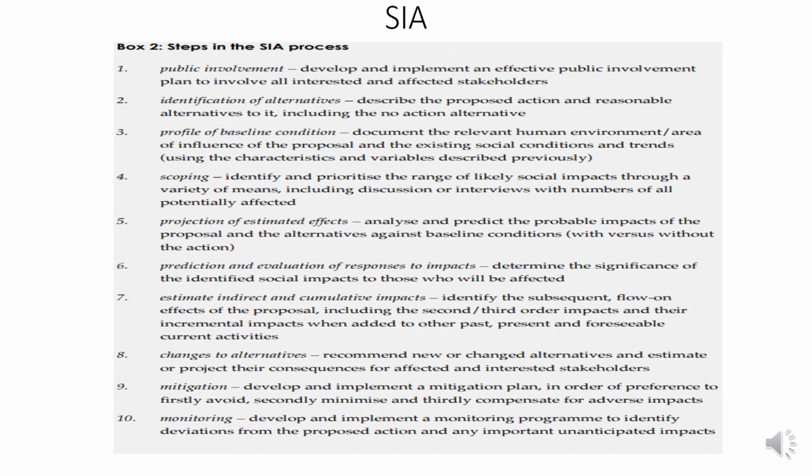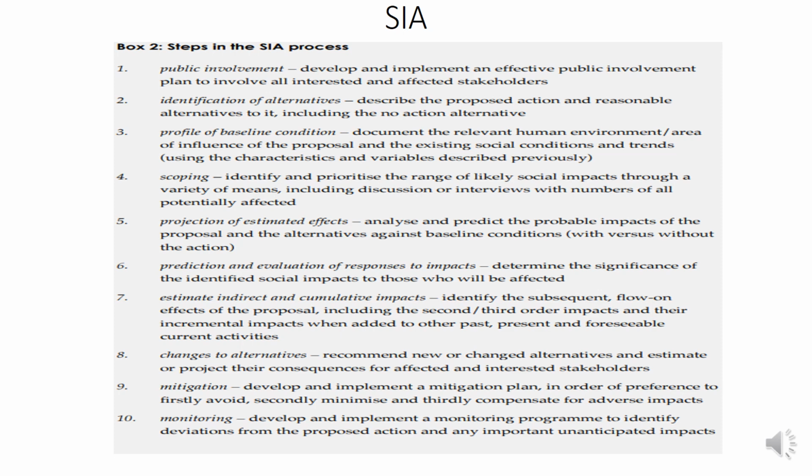We have definite steps that are involved in social impact assessment. One is public involvement, and we've said this even in the normal EIS. So you have to involve the public, all the people have to be involved in the project, and that way you are reducing chances of adverse impact.